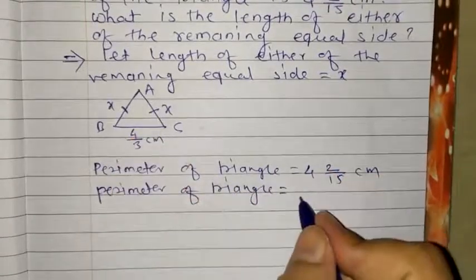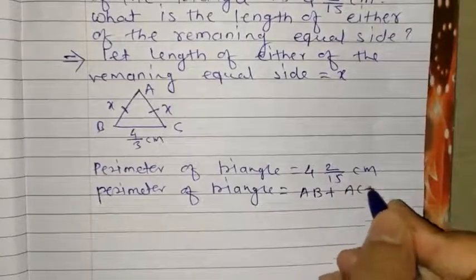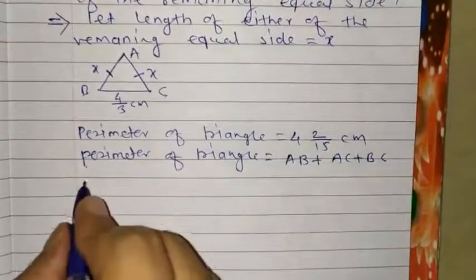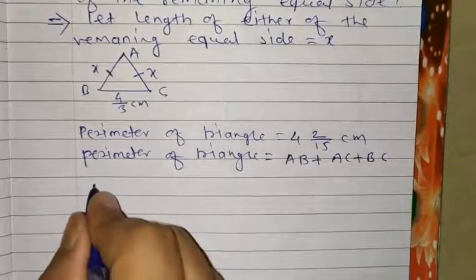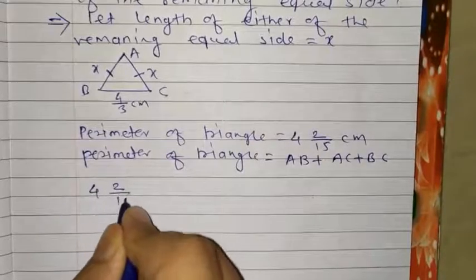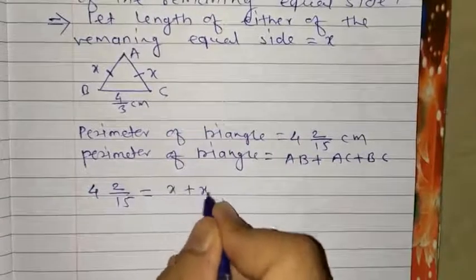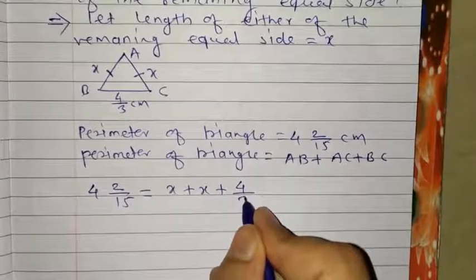According to this diagram, it is nothing but AB plus AC plus BC, where BC is the base of the triangle. So perimeter is already given, and this perimeter is nothing but 4/2/15, and AB and AC values are x and BC is 4/3. This is the given.